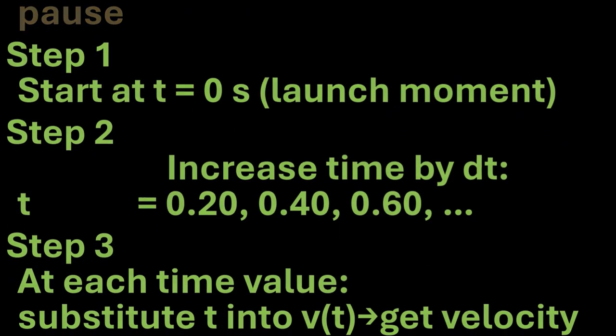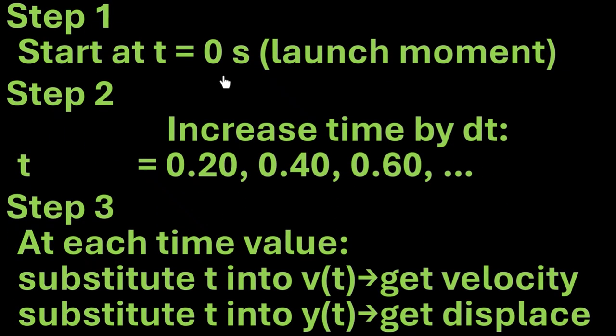How? First, we will start at t equal to 0, which is exactly the launch moment. And then t will be increased by 0.20: 0.20, 0.40, 0.60, 0.80, 1, 1.2, 1.4, etc. At each time, we'll substitute the value of t into v(t) to get velocity, and into y(t) to get displacement as well.